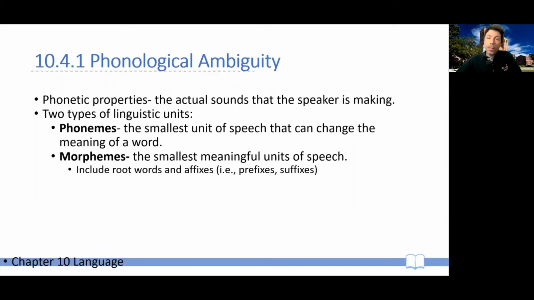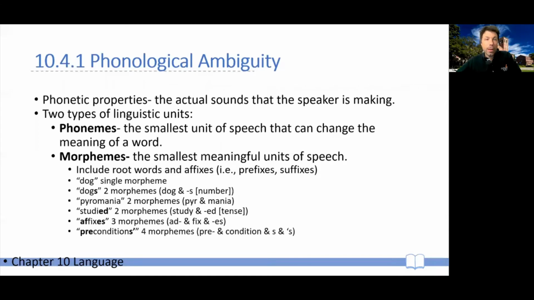And morphemes are the smallest meaningful unit of speech, meaning the smallest part of speech that conveys meaning. Let me give you some examples. If you take the word dog, that is a single morpheme. But if you take the word dogs, that is two morphemes. The morpheme dog and the suffix s, which gives number or plural.